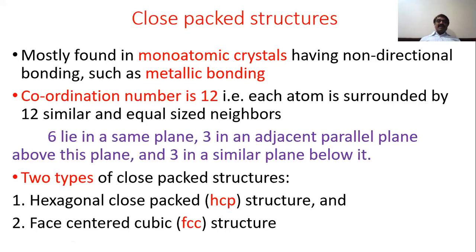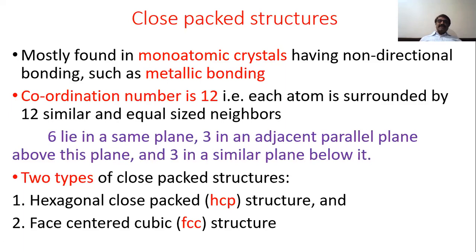These 12 neighbors of an atom are arranged in different planes, out of which 6 lie in its own plane. That means the atom has 6 neighbors surrounding it in its own plane, 3 in the adjacent parallel plane above its own plane, and 3 in the similar plane below it.